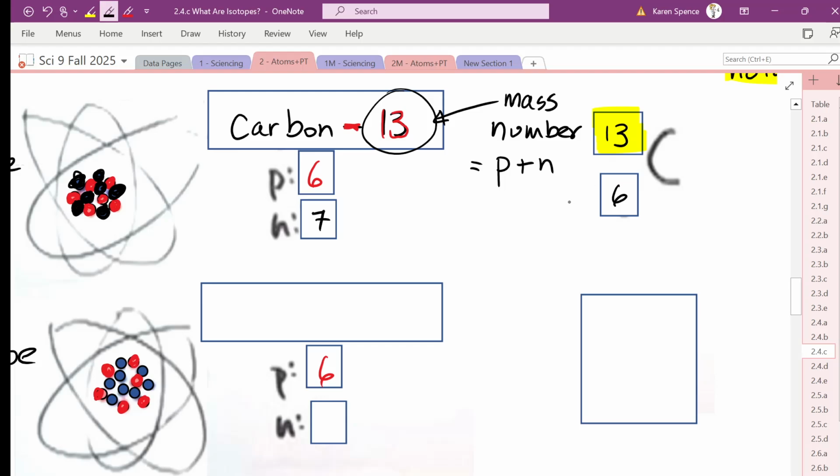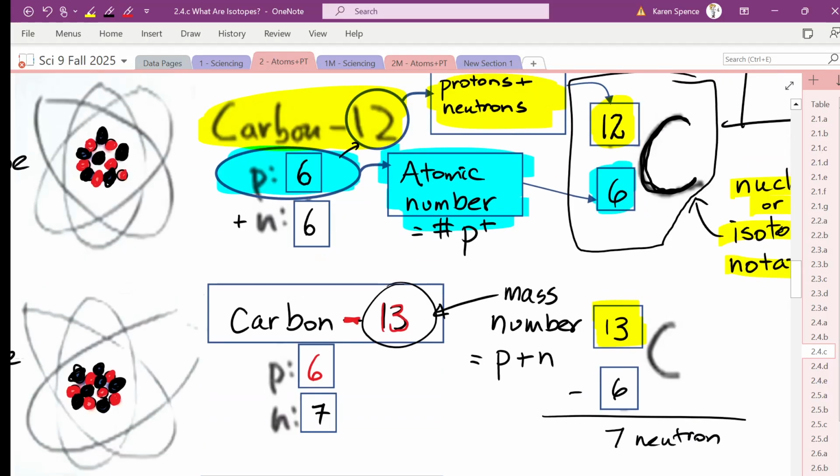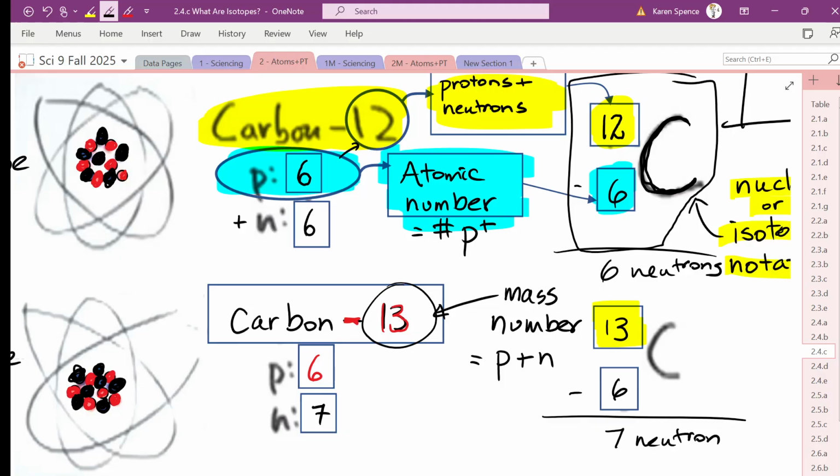Because if you go 13 minus 6, you end up with 7 neutrons. If you go 12 minus 6, you get 6 neutrons. So if you have that isotope notation, you can calculate the number of neutrons in a particular isotope.